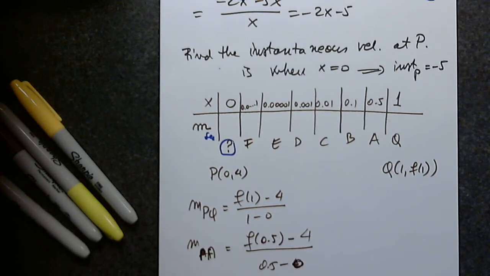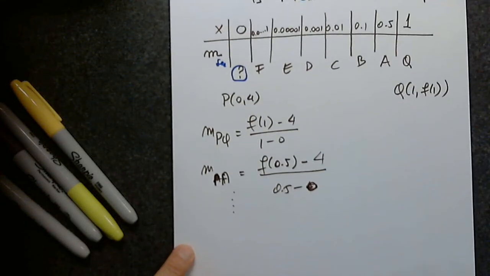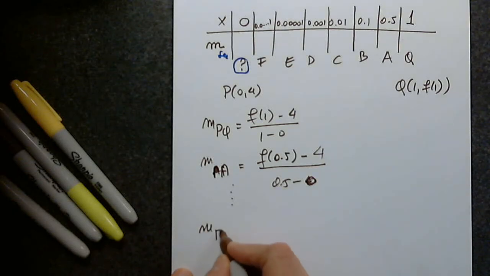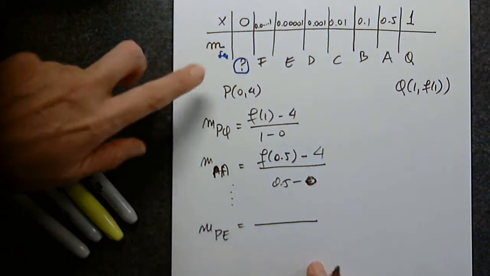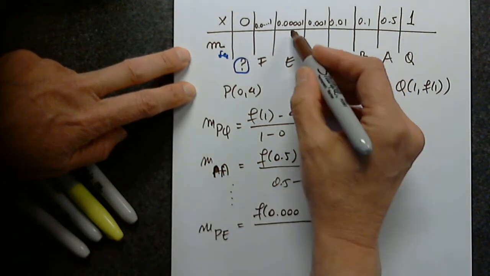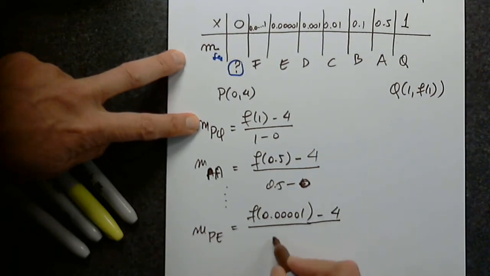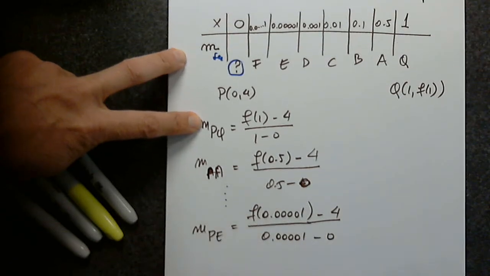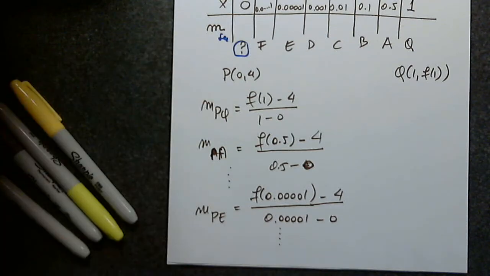Thank you. Can anyone tell me, let's say I'm here already, the slope of PE? 4, I think there are 4 zeros, 1 minus, that's okay, 4 divided by this, right? Yep. And continue forever.